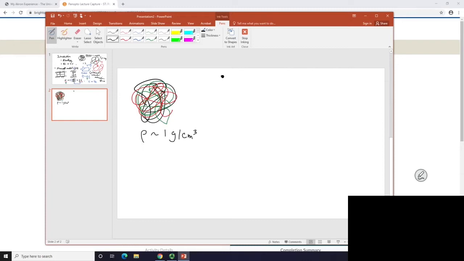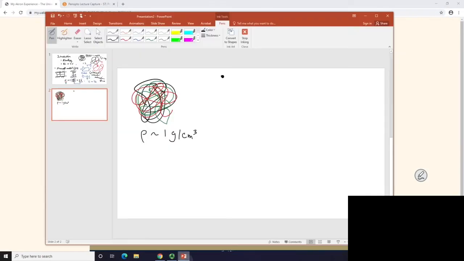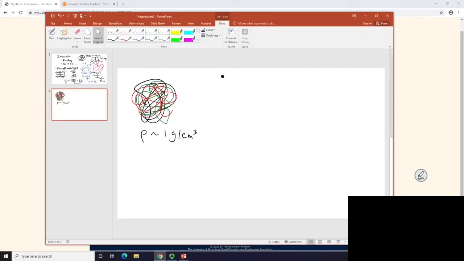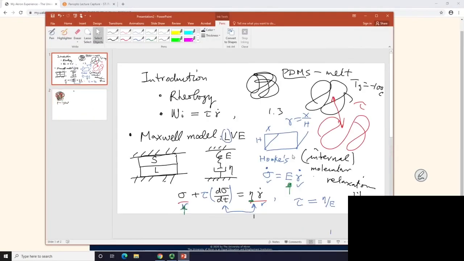What we talk about with Maxwell is described on page 8, starting in the book.